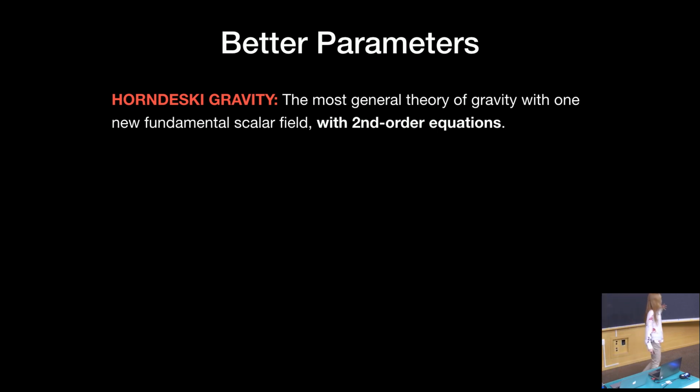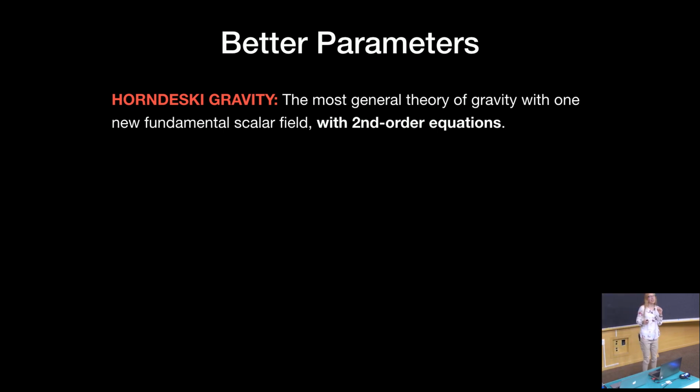In words, Horndeski gravity is the most general theory you can write down that has a metric, just like general relativity does, and has one extra scalar field that is coupled to that metric and changes the properties of gravity in an interesting way. And that's the basic features that underlie a lot of models in that landscape I showed you.